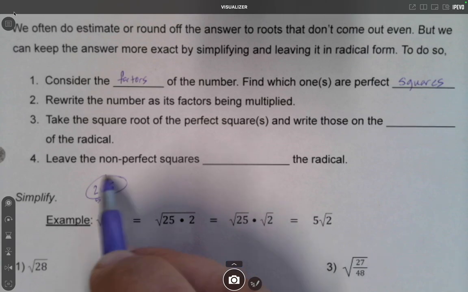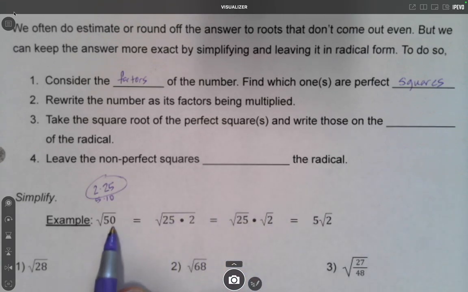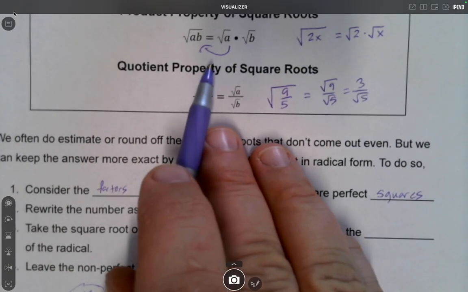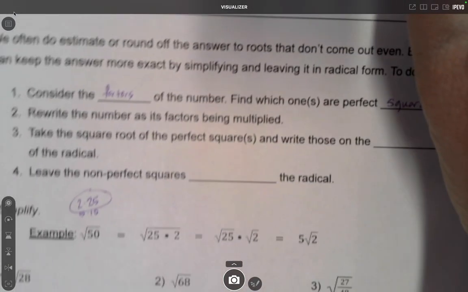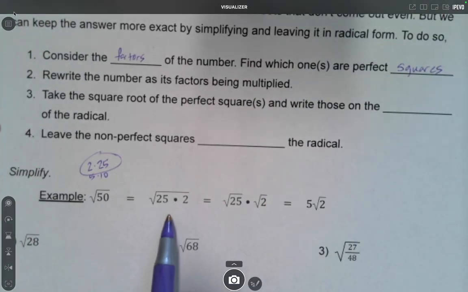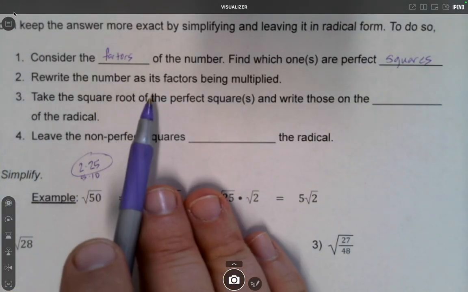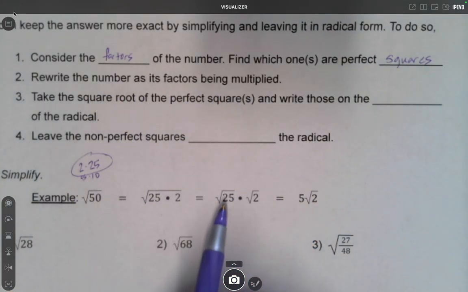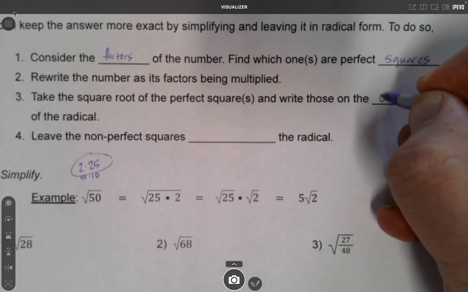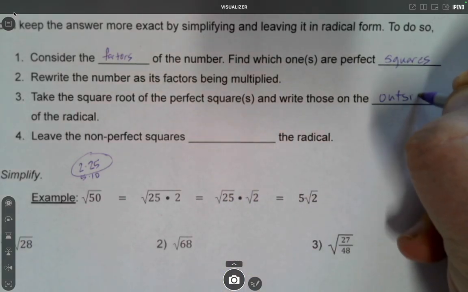So we use this pair, and we rewrite the square root of 50 as the square root of 25 times 2. So this is where we apply the property we learned up here. If two things are being multiplied inside of a square root, I can split them up. So then we do step 3. We take the square root of the perfect square, which is the 25, and we write that answer on the outside of the radical.